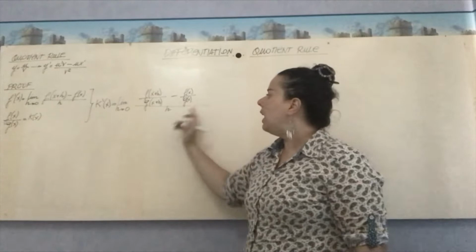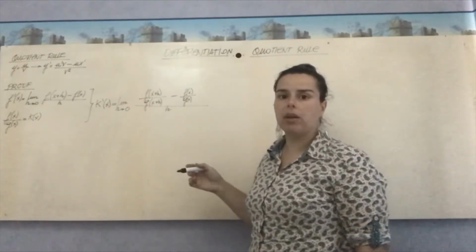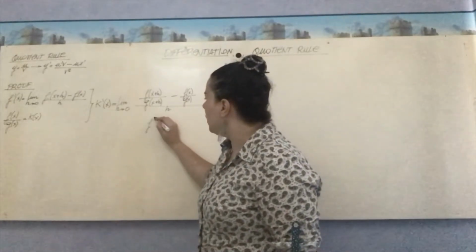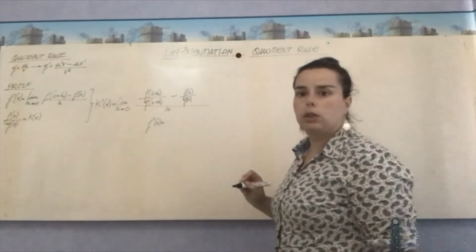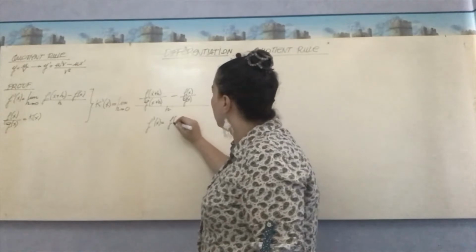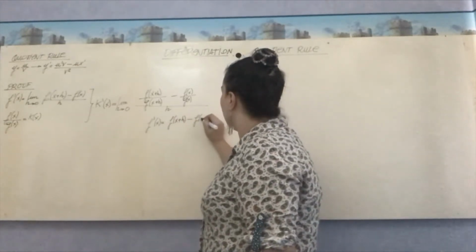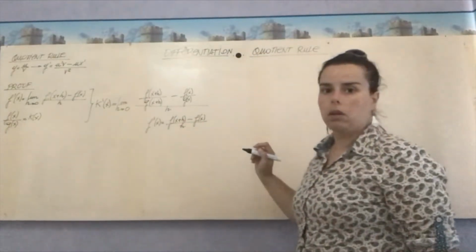Now, I'm going to think of these functions independently. If I only had f of x, I would be able, no problem, to get f prime of x. It would be f of x plus h minus f of x, all of that divided by h.